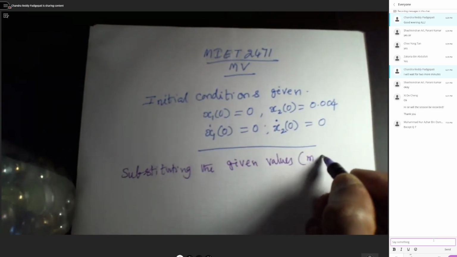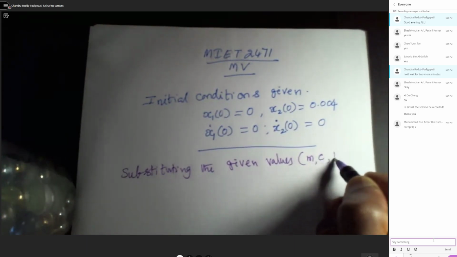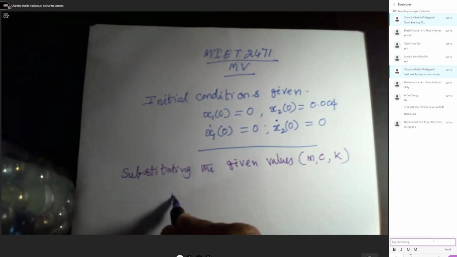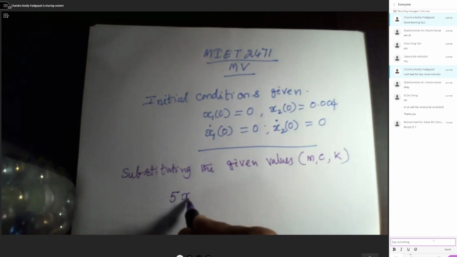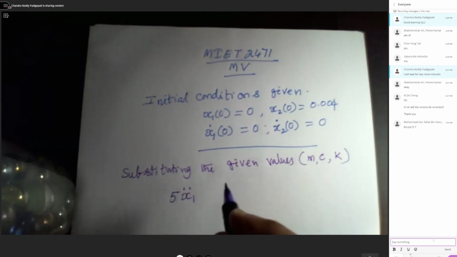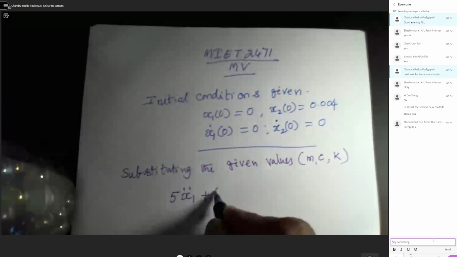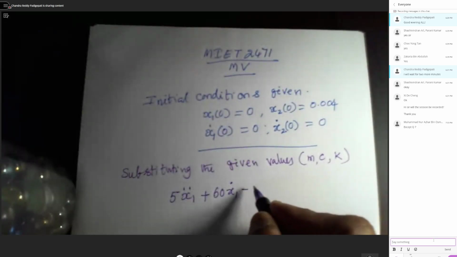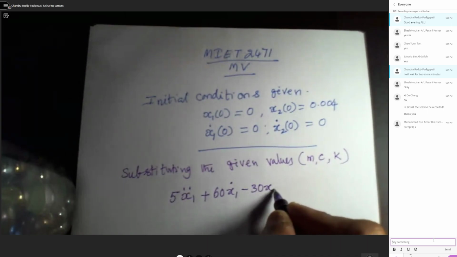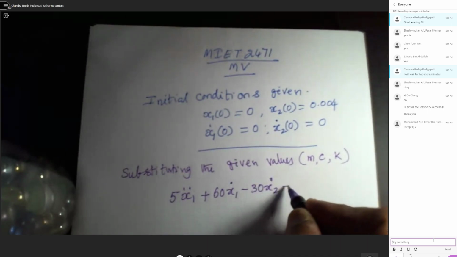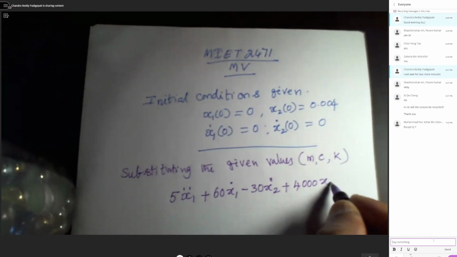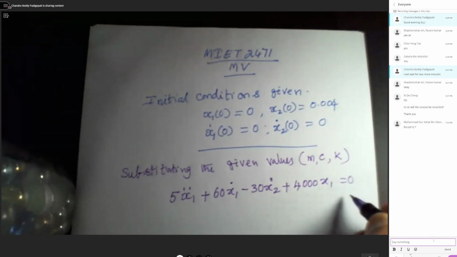That means the mass, damping constant, and stiffness constant. So we can write the two equations of motion as 5x1 double dot plus 60 x1 dot minus 30 x2 dot plus 4000 x1 is equal to 0. So this will be the first equation of motion.